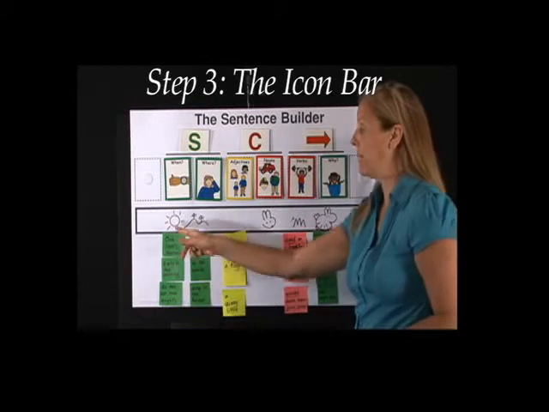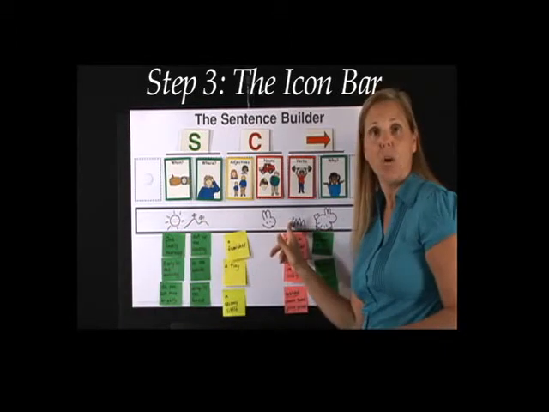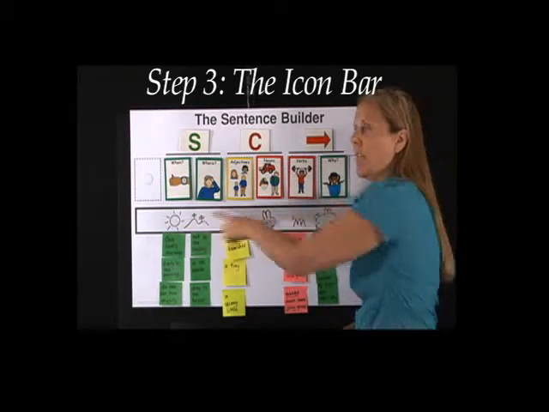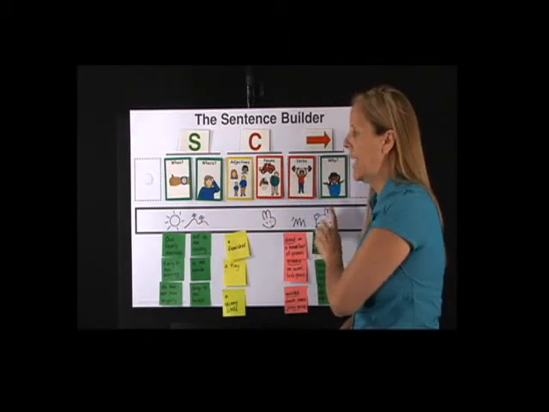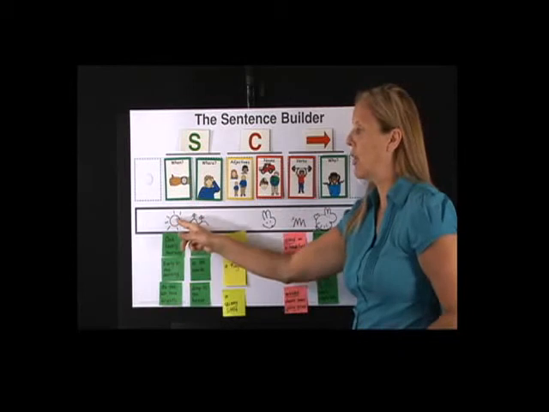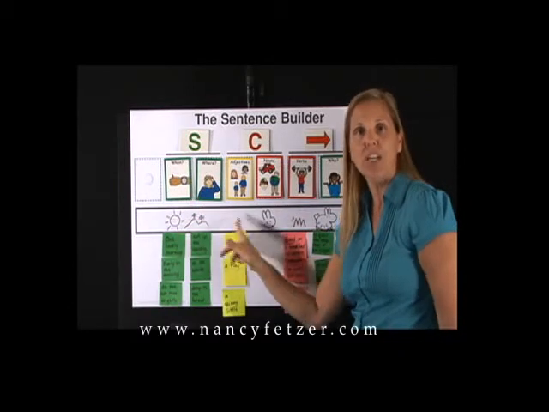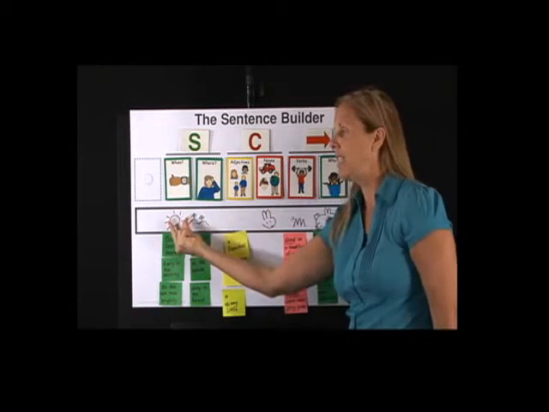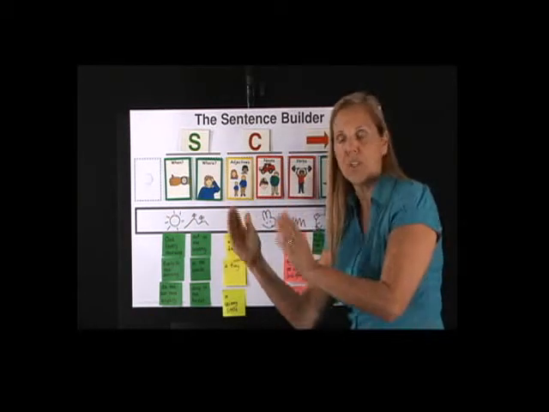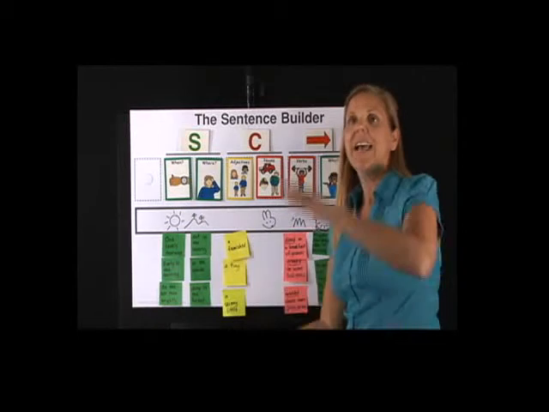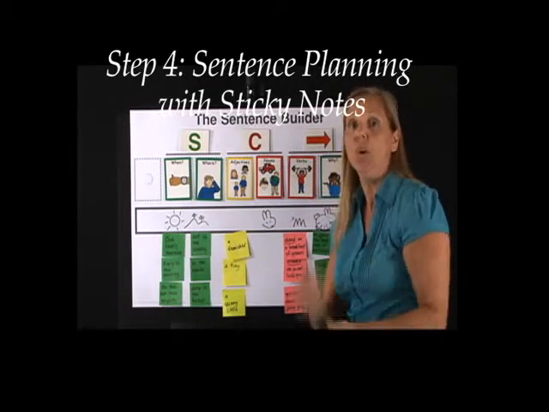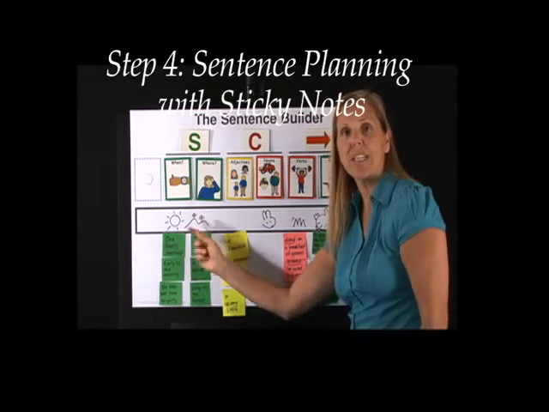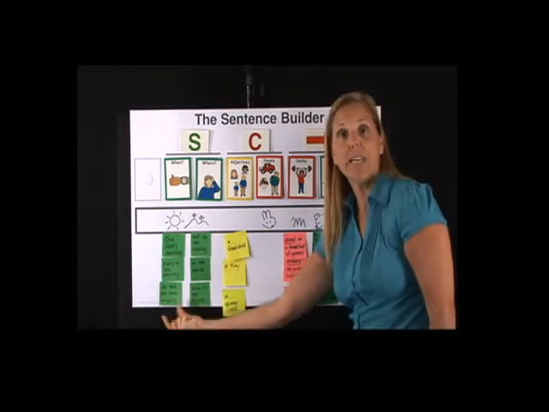Next, we went to step 3 where we had our planning bar where we actually planned out the story. Remember, this was the only time we didn't move from left to right in the sentence. We used the parts of speech cards so that we could actually plan out each part of the sentence. That's why we want to use those parts of speech cards, so kids can start to chunk sentence parts to create their sentences and then lead us into step 4, which is the sticky note time, where we're actually going to use those different chunks of a sentence to brainstorm better ways to say them.